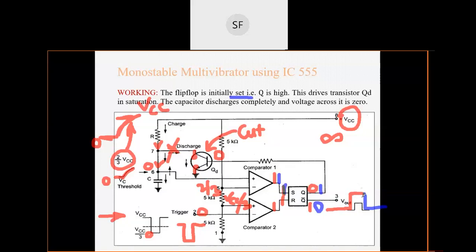This time is nothing but decided by your resistor and capacitor. And after that particular time, when the voltage across the capacitor becomes greater than 2/3 VCC, it will again come down to its stable state. Okay, so this is how you are getting a pulse at the output.